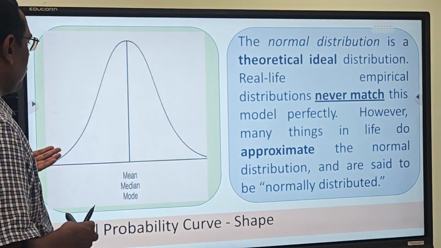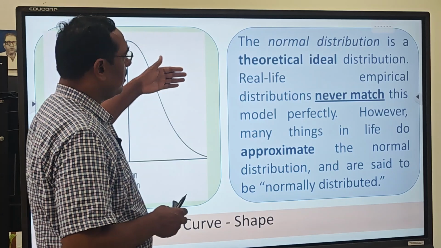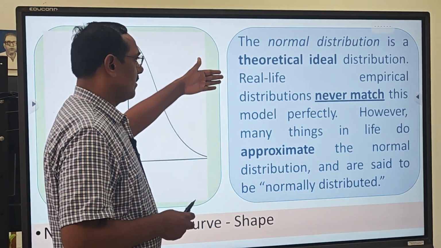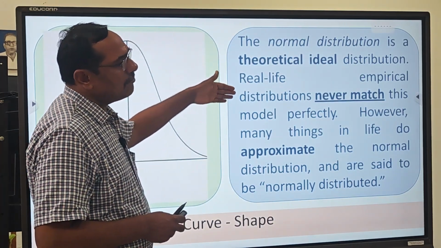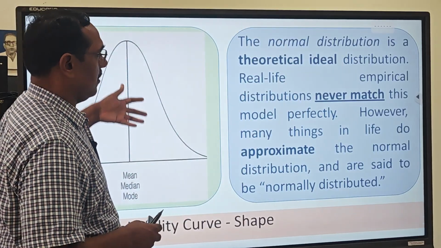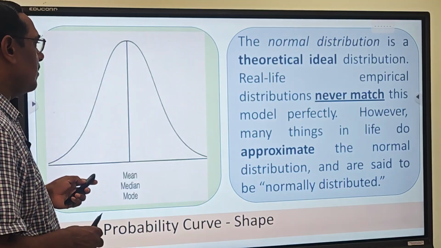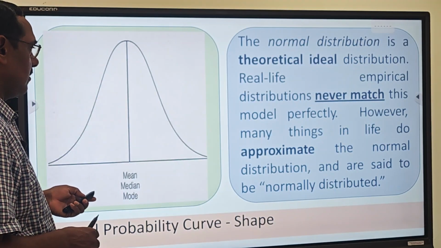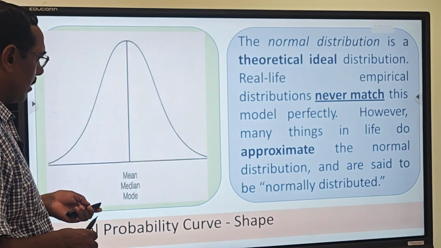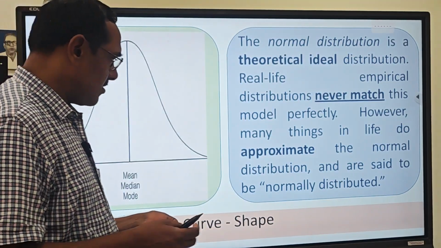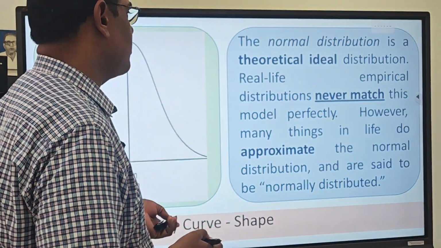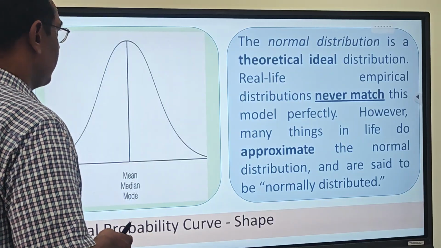Normally we never achieve this curve, but anyway, it's a theoretical ideal distribution. Real life never matches, but it may come near the normal probability curve. So it may approximate the normal distribution, and we say those things are normally distributed. And based on that, we go for inferential statistics.